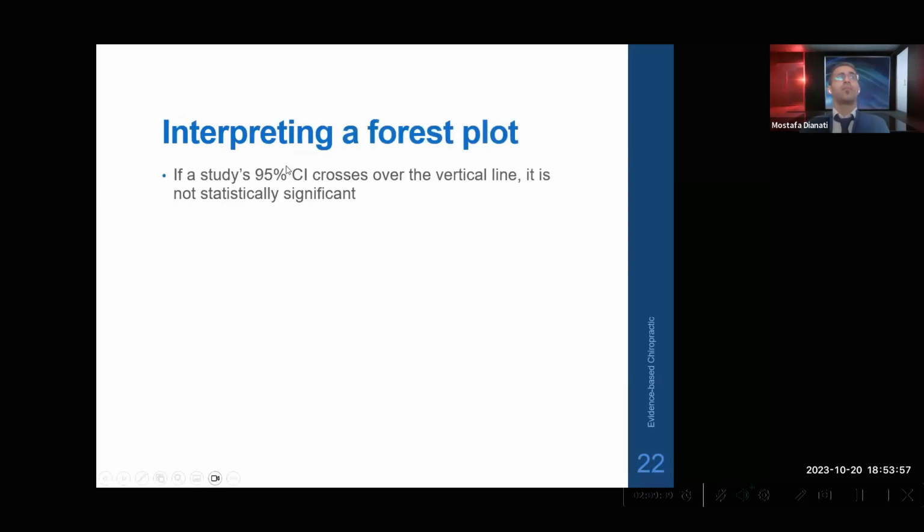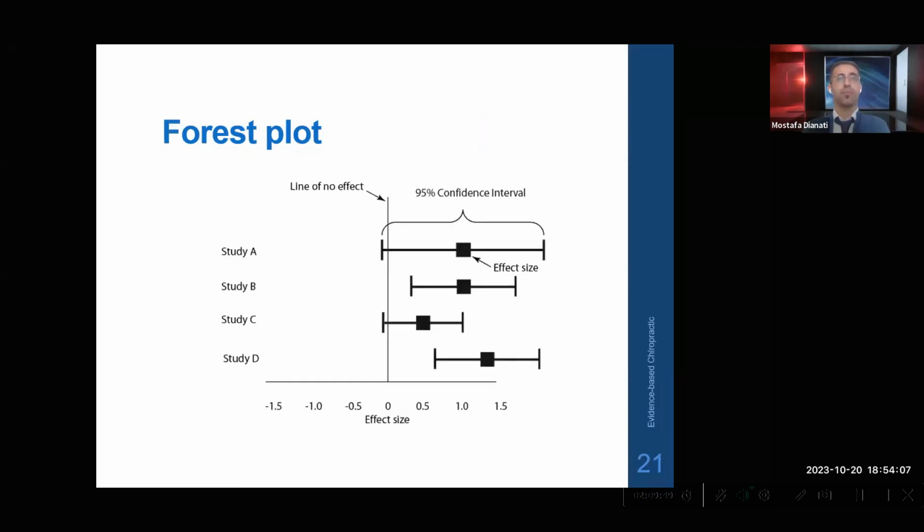Okay, if a study's 95% confidence interval crossed over the vertical line, as I showed you, it is not statistically significant. Let me show you here again. If it crossed this line, this is not significant at all.